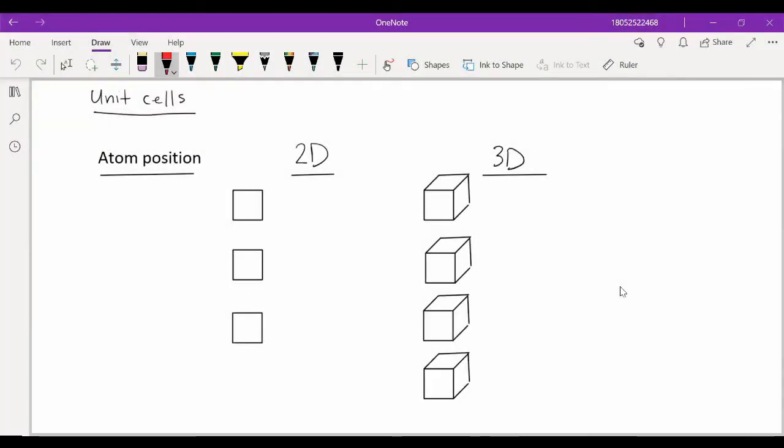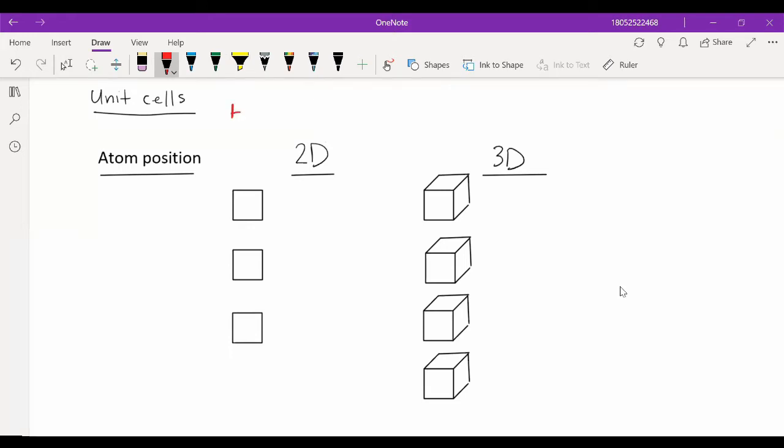Okay, in this section, we're going to go over unit cells and specifically how to tell how much of an atom is inside the unit cell. So we'll compare in this little table a two-dimensional square unit cell versus a three-dimensional cubic unit cell, which is actually what would be present in any kind of natural material like a metal.